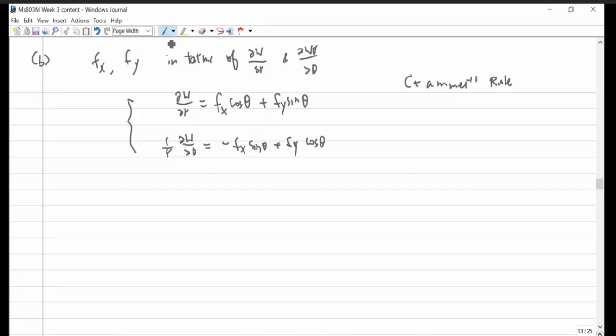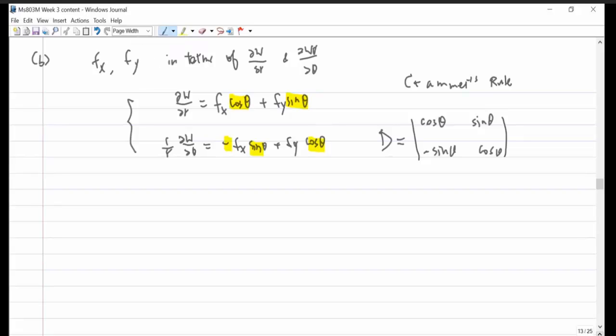D is the determinant of cosine theta, sine theta, minus sine theta, cosine theta. D is actually these small numbers put together. The unknowns are your fx and fy. So what is the determinant now?